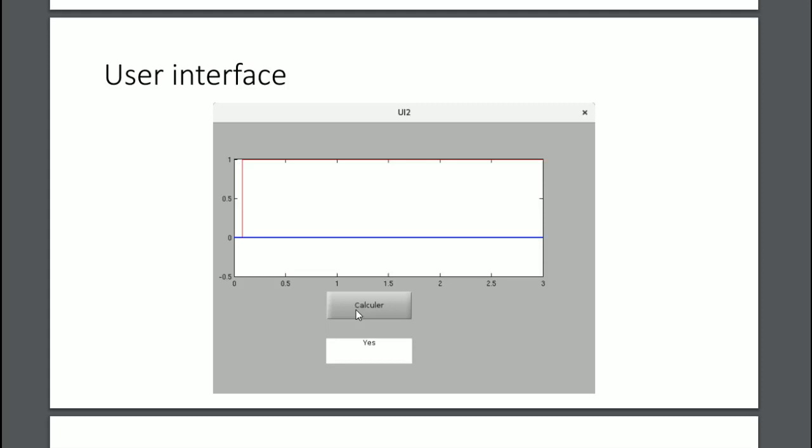Then it compares it to the R limit that is hardcoded, so manually stored in the algorithm, and then it prints a yes or a no in this box, and it also shows the envelope in red and the signal recorded.